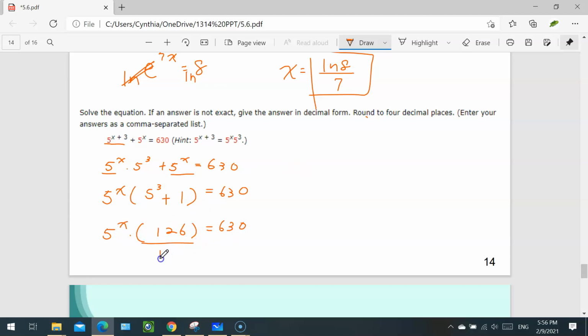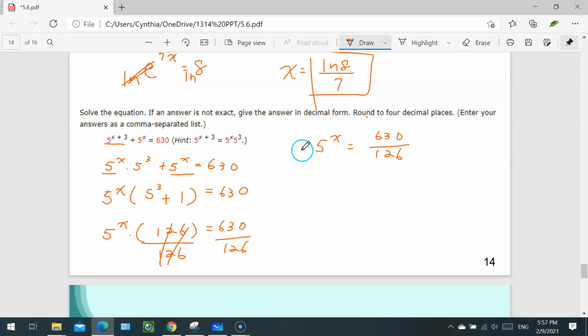Now we divide by 126 on both sides, so it will cancel out here. Now we clean up the equation into 5 to the power x equals 630 over 126. In order to solve for x, we need to go with the logarithm property.